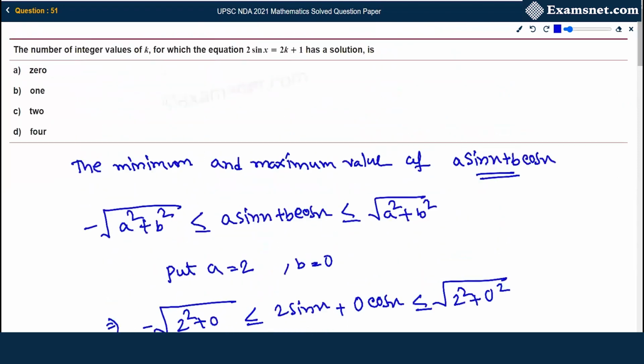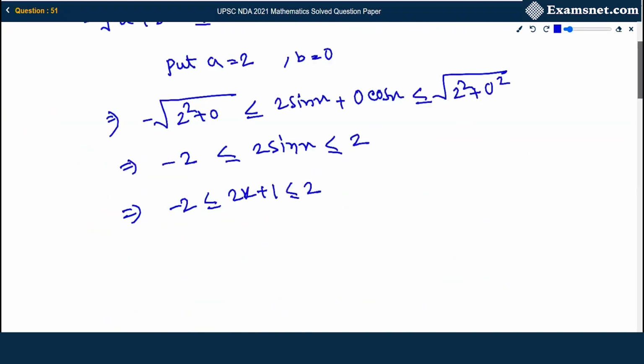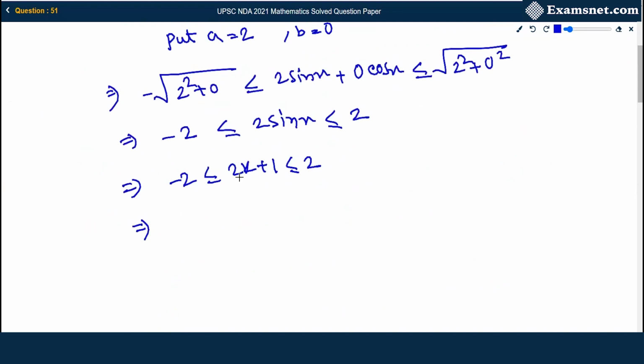So minus 2 less than or equal to 2k plus 1 less than or equal to 2. Why? Because here we are checking the values for k, right? Integer values of k. So yes, now let's do the further calculation. We would subtract 1: minus 2 minus 1, 2k, 2 minus 1.